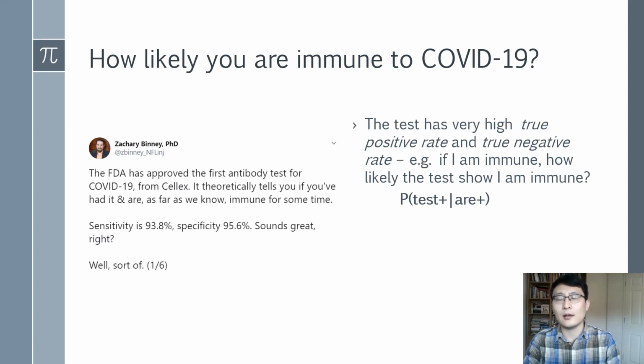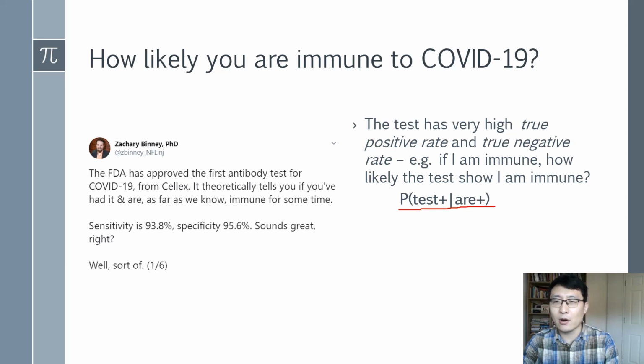Now, if we think about this test, the test has a very high true positive rate and true negative rate. What it effectively says is: if I'm immune, how likely is the test to show I'm immune. Written in a more mathematical way, it is the probability of test positive given you are positive, right?